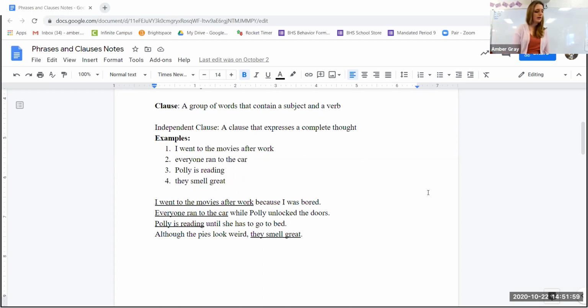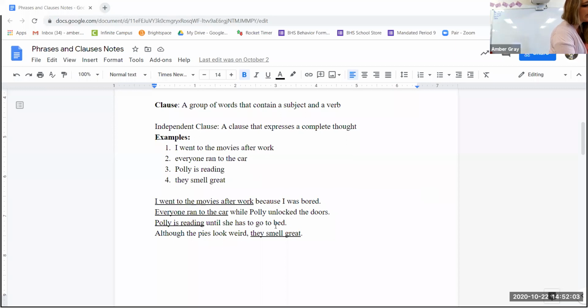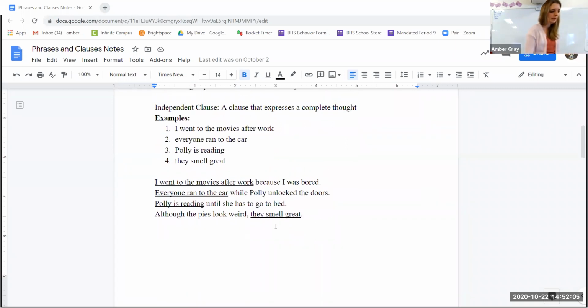So here I've put them in longer sentences. I went to the movies after work because I was bored. Here we have two clauses. Everyone ran to the car while Polly unlocked the doors. Polly is reading until she has to go to bed. And although the pies look weird, they smell great.